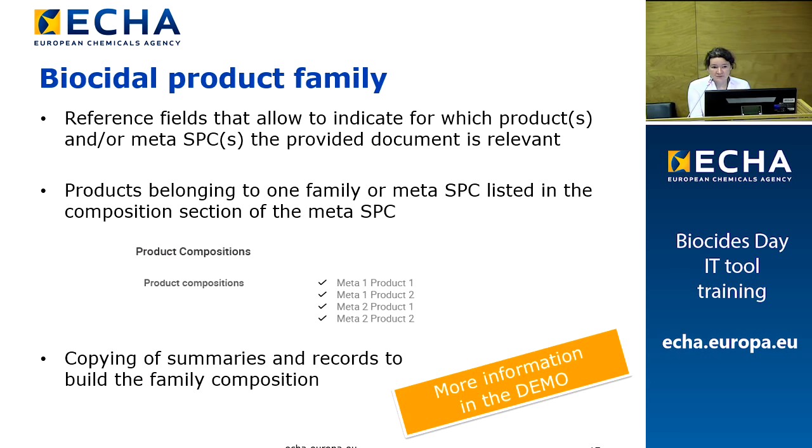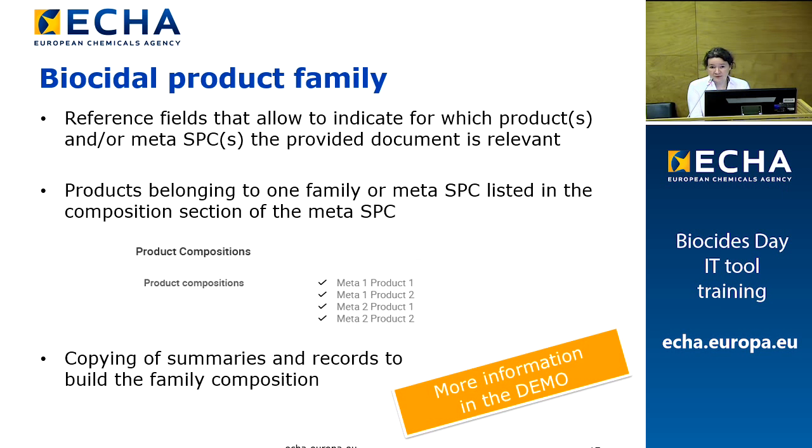Biocidal product family. A lot of participants asked to see in depth how the composition of the biocidal product family is structured. That's why we will do a demo about it. Here just the most important information: reference fields that allow you to indicate for which products some meta-SPCs, so the summaries, the provided document is relevant.